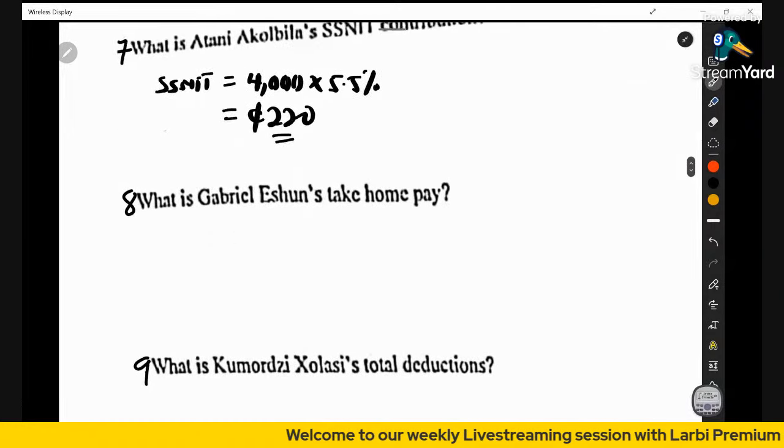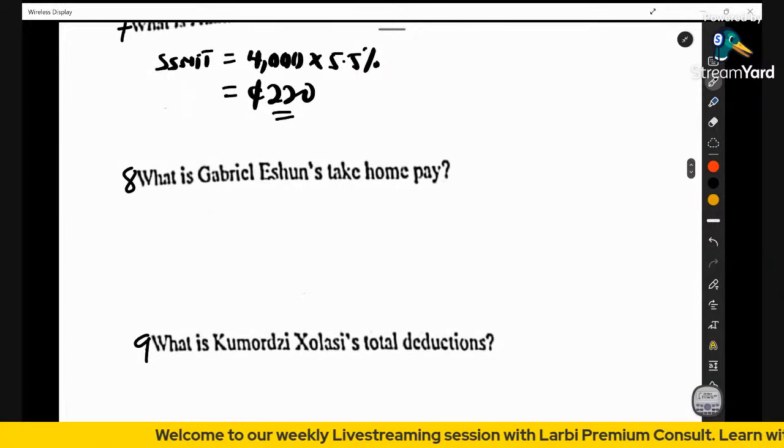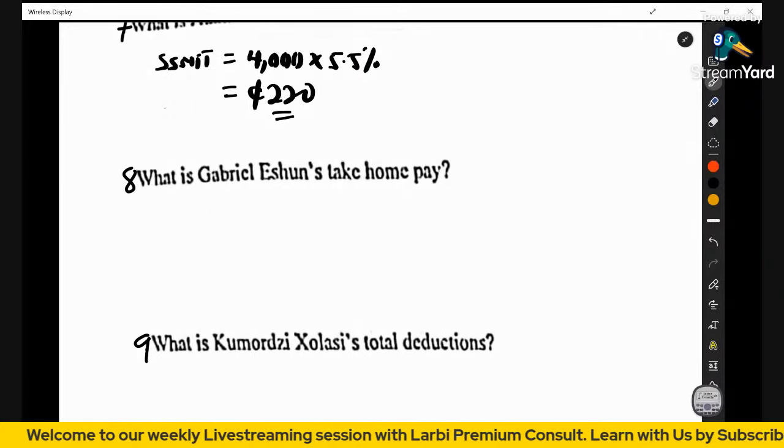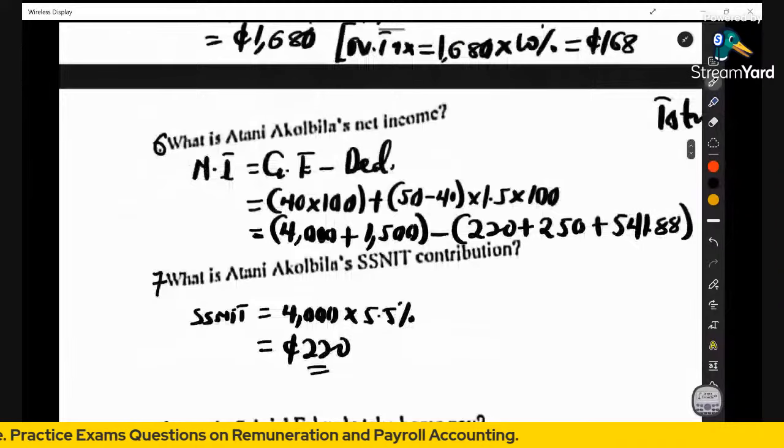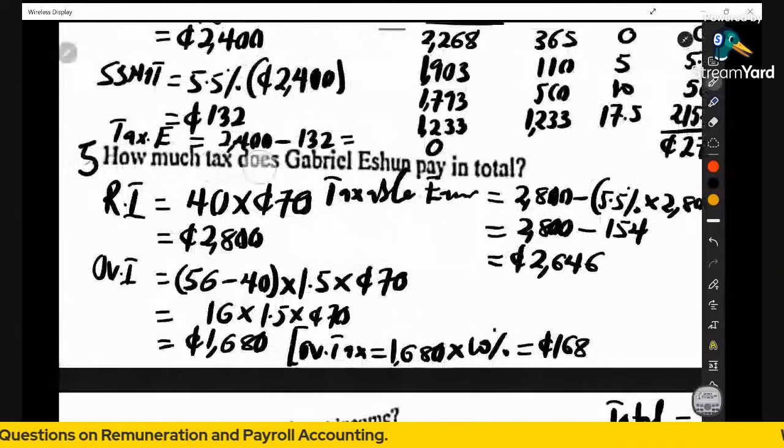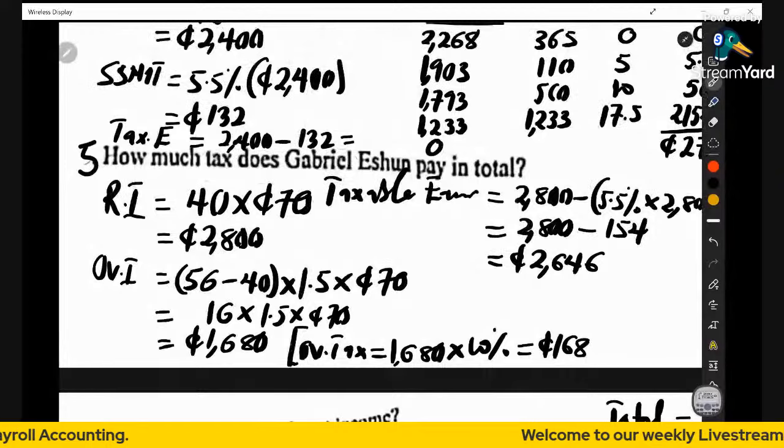Then question number 8. What is Gabriel Eshon's take-home pay? So how is that going to be? We know the total tax for Gabriel Eshon. I think one of the questions we asked the computer for that: how much tax does Gabriel Eshon pay in total? So we already have that. So that becomes the first part of the expenses, right?